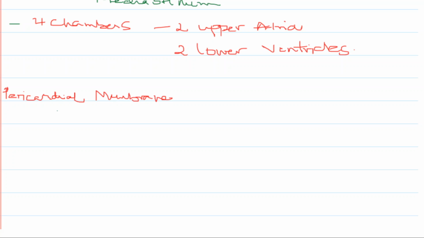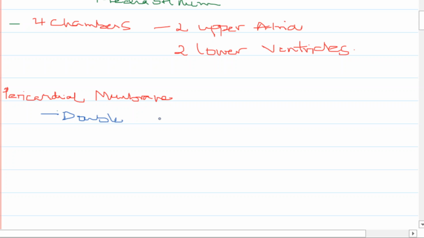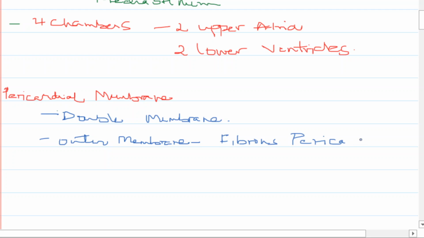It is a double membrane. The outer membrane is called the fibrous pericardium.